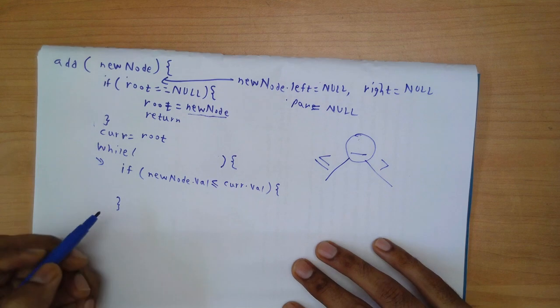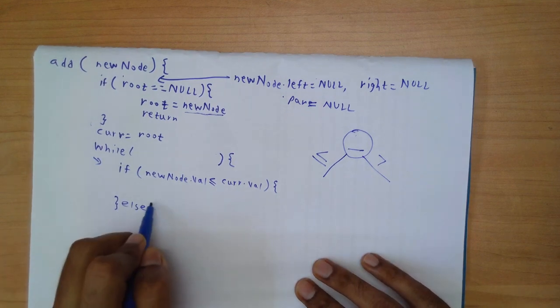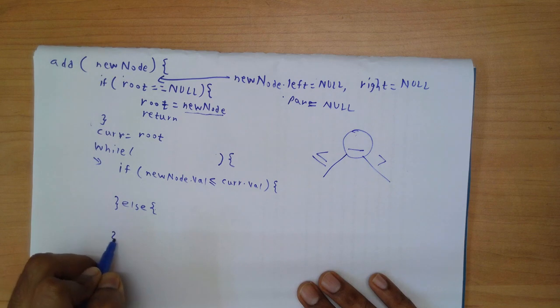But if that's not the case, then it is clear what the result is. It means that the value is higher. So else I have to do something, and that is the block that we will write.